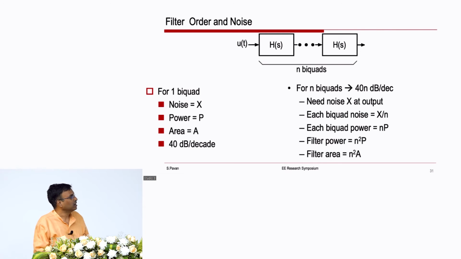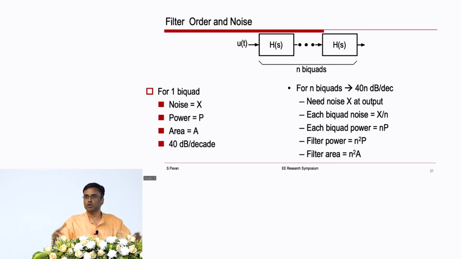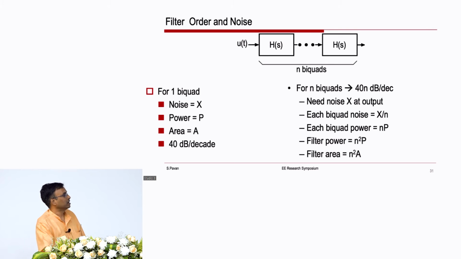So, if I need the same noise at the output of n biquads, remember each biquad is adding its own noise. The noise of each of these biquads has to be lower by a factor of n, so that when you cascade n of them, you get the same noise as a single section. And just now, as we discussed, to reduce the noise of a biquad by a factor of n, we have a thermodynamic limitation.